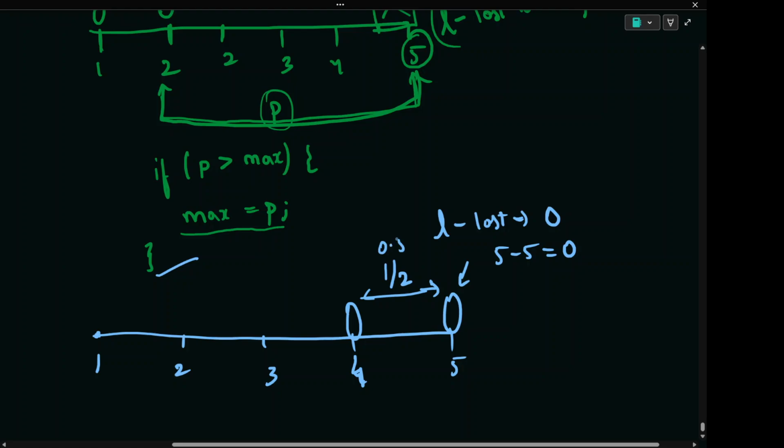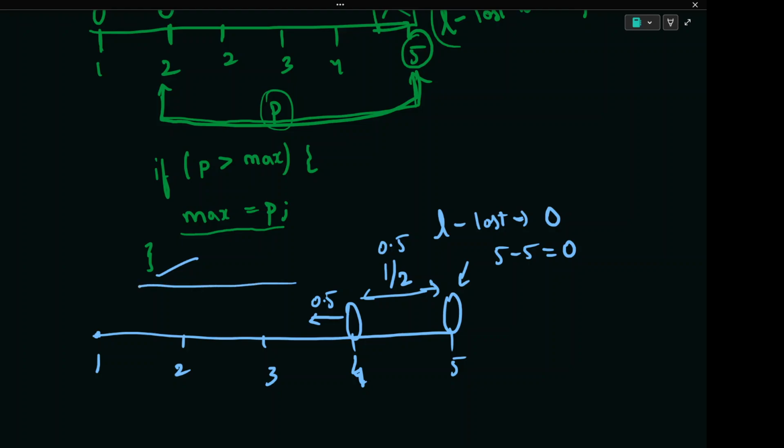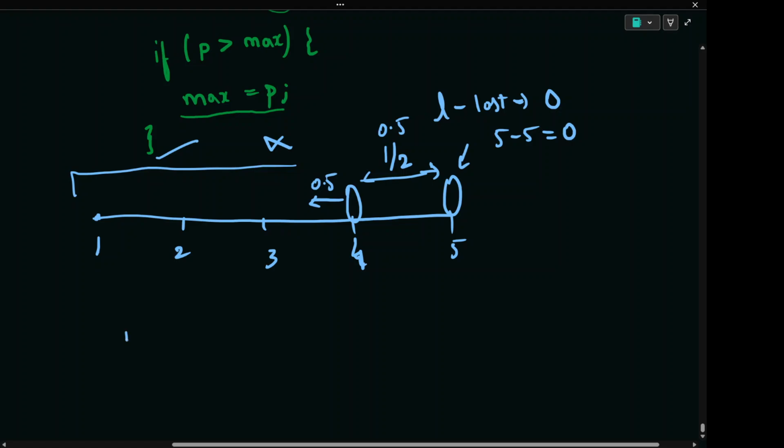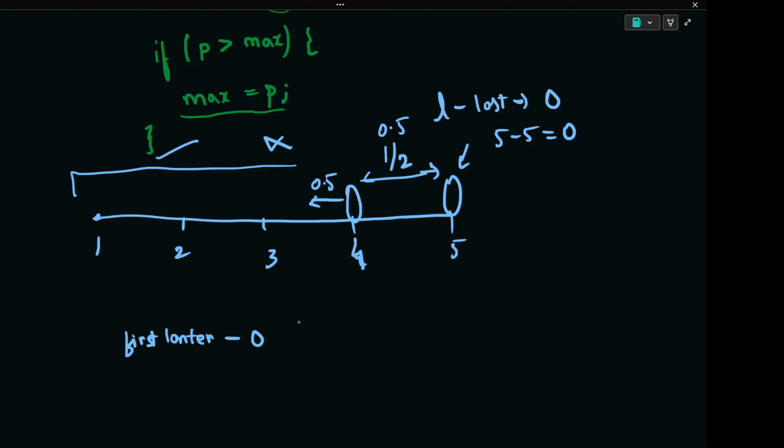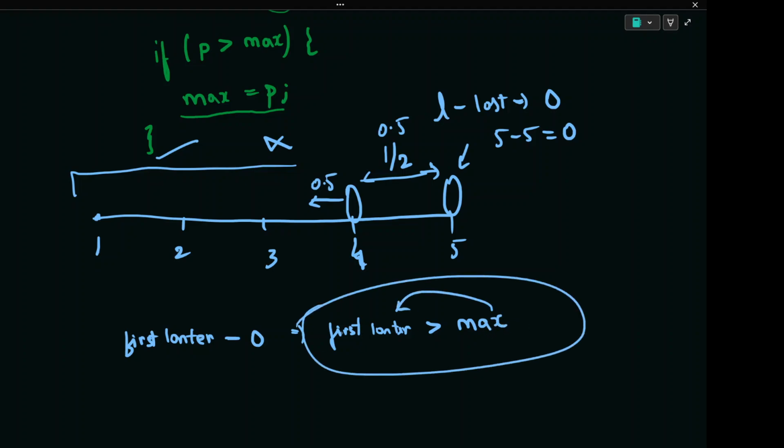So that is nothing but 0.5. But can this cover the whole street? No. So the next thing will be nothing but the first lantern minus 0, that will be nothing but the first lantern. You should check if it is greater than max. Then the max will change to the first lantern. Got it?